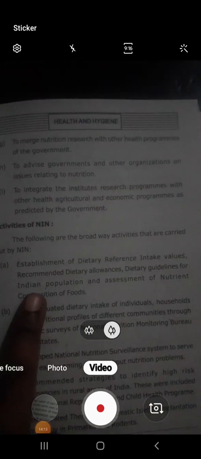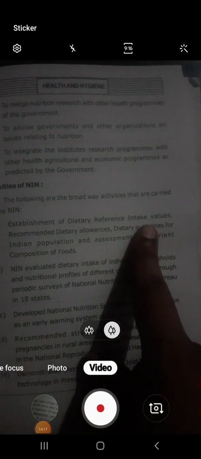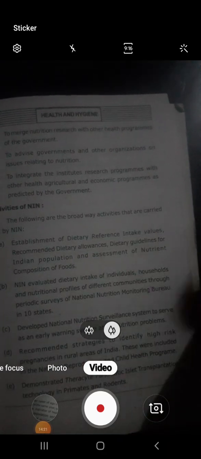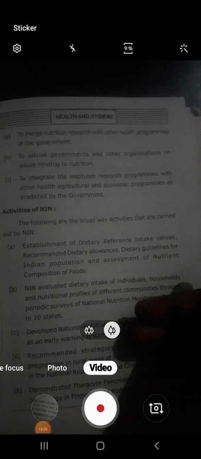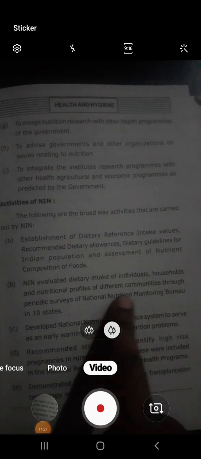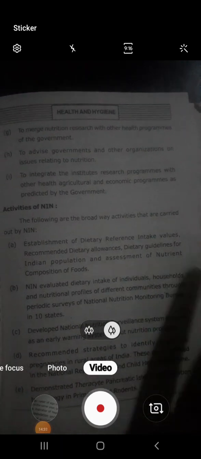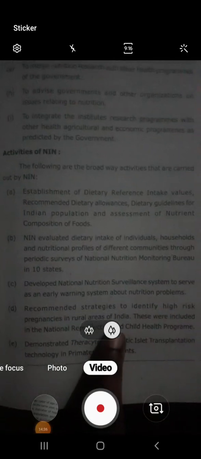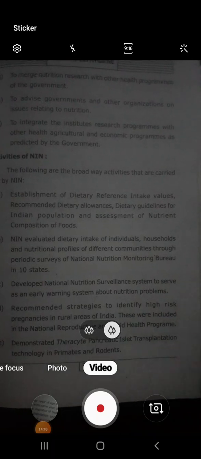Coming to activities, the activities are establishment of dietary reference values, recommended dietary allowances and dietary guidelines for the Indian population. It also covers the intake of individuals and households about nutrition in 10 states. They also developed a nutritional surveillance system to serve as an early warning system about nutritional problems.